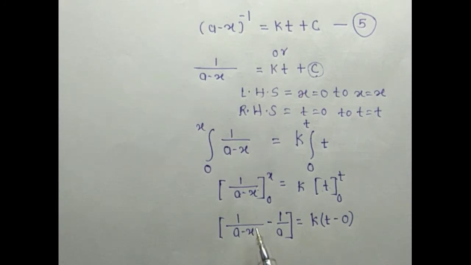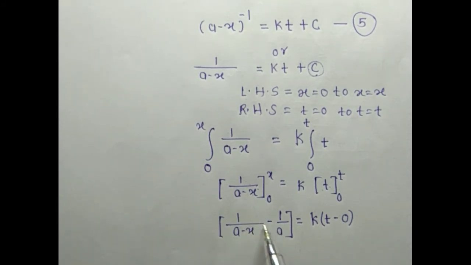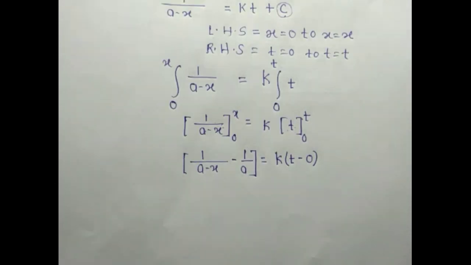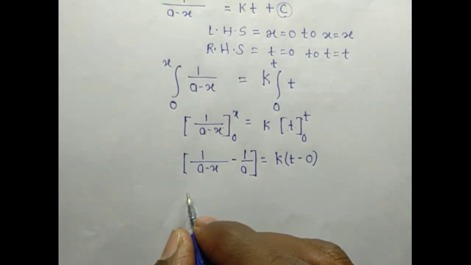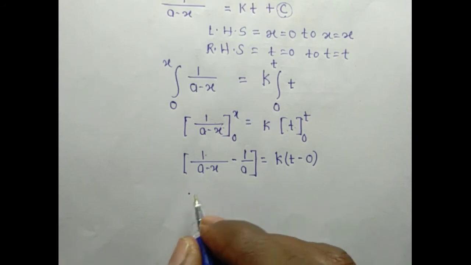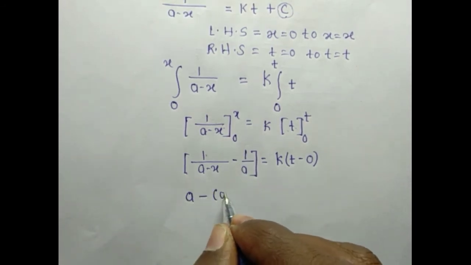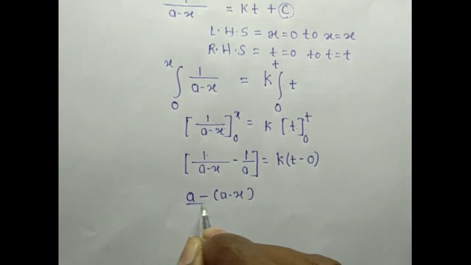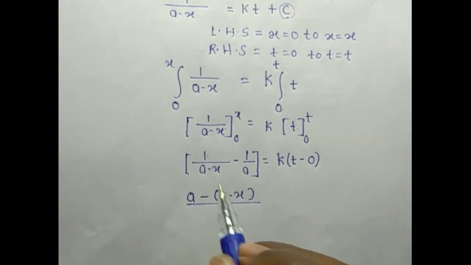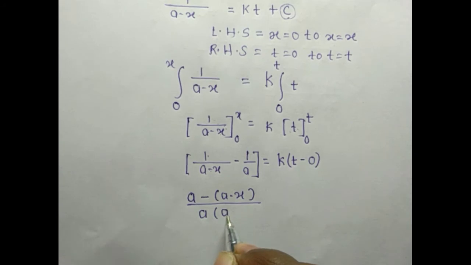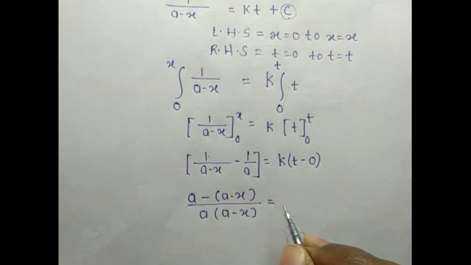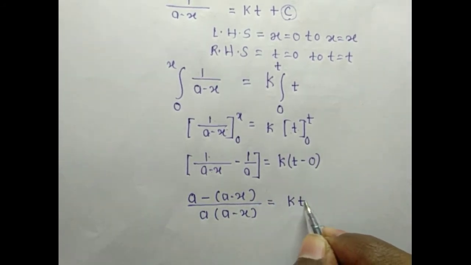Now if we cross multiply this equation, we get 1 into a minus 1 into (a − x), that is (a − x) upon a into (a − x), equal to kt.